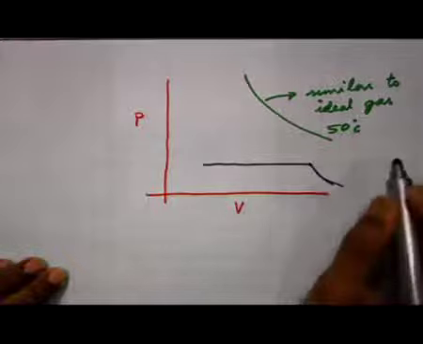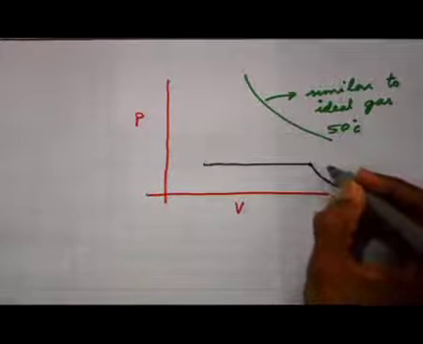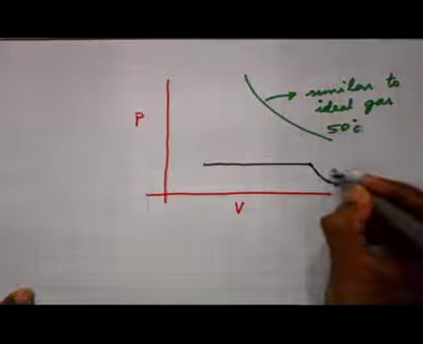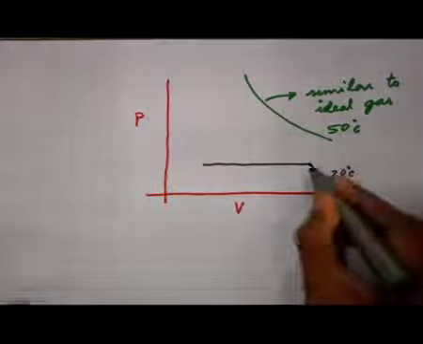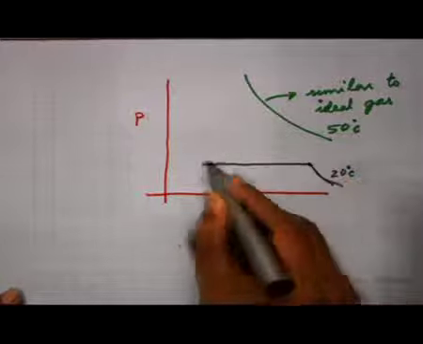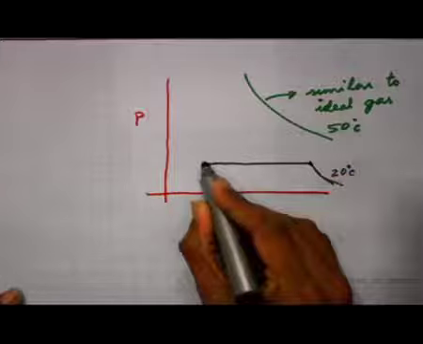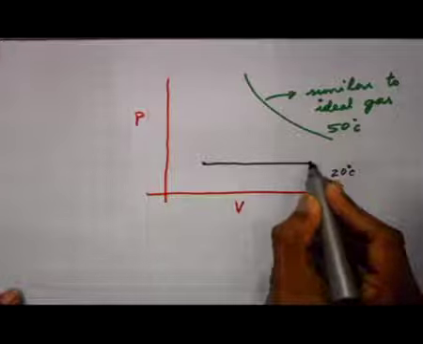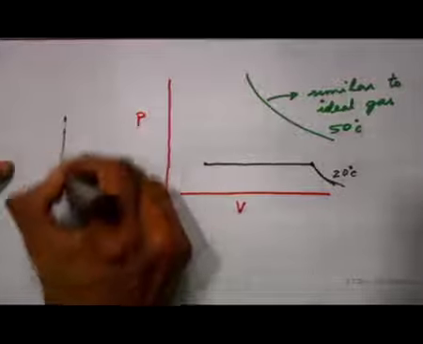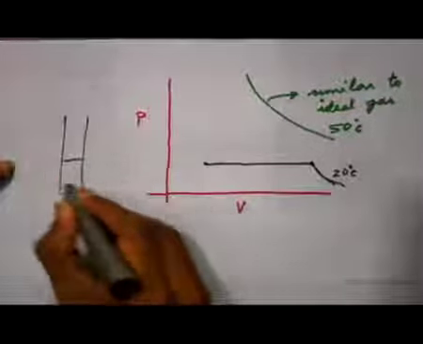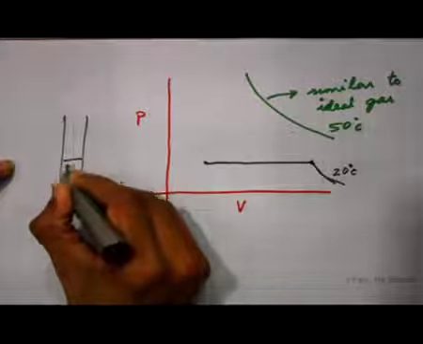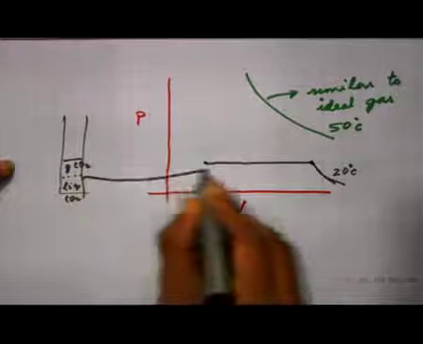This point corresponds to when liquid carbon dioxide first forms at that temperature, and in this region you have liquid and gaseous carbon dioxide coexisting in your capillary. You have liquid CO2 and on top of it gaseous CO2.